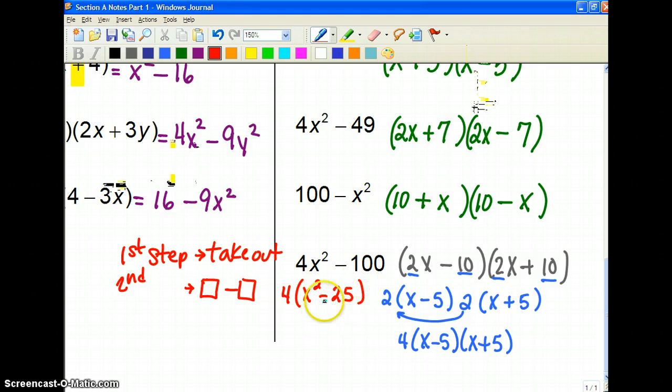And now you notice that that's a square minus a square, so you get x plus 5, x minus 5. So you can do it either way because those are equal to each other. I can just promise you that most people who do it this way will forget to then take that 2 out of both parentheses. So most people will do it this way. It makes no difference.